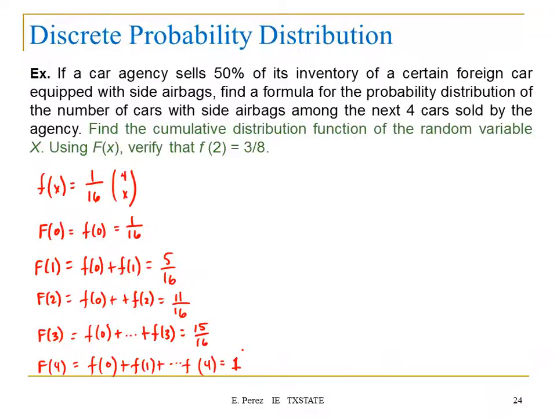But when you go to 1, since we are looking at the cumulative distribution, we need to look at the values that are less than or equal to 1. That's why we use 0 and 1. And we add the values for those two. The process is repeated until you get to 4. When you add the last outcome, you need to make sure the summation of the probabilities equals 1, which is the case in this problem. Now, we need to define the cumulative probability distribution.